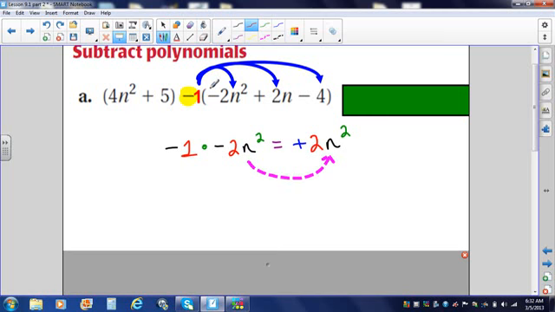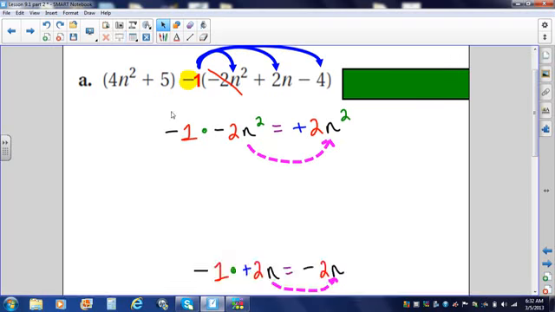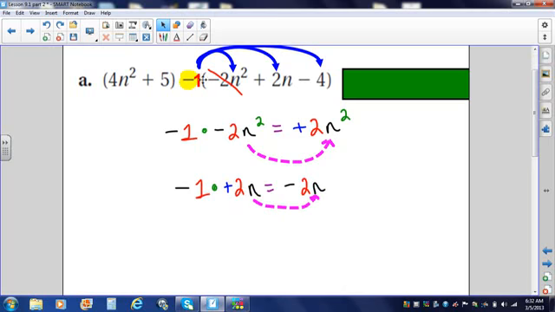I'm a visual person. I'm just going to put a light cross through this, since you know and I know that I just worked it out. Now I'm going to distribute the -1 with a +2n. -1 times +2 gives me -2.